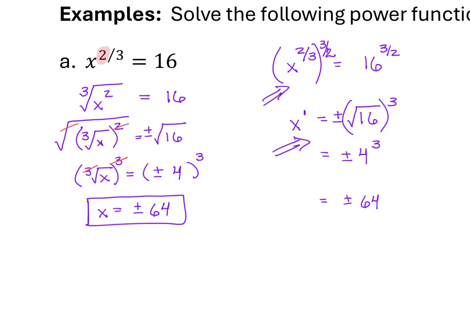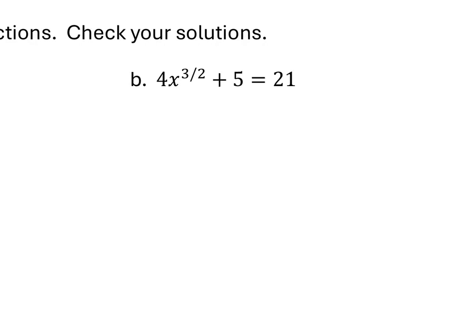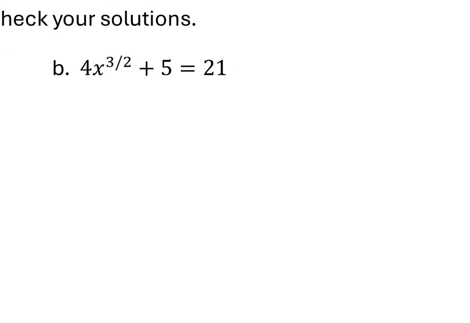All right, let's go ahead and look at one more example and see what we can do with it. If we come to example B, the first thing we want to do is get our variable by itself. So I'm going to start by moving everything to the other side.